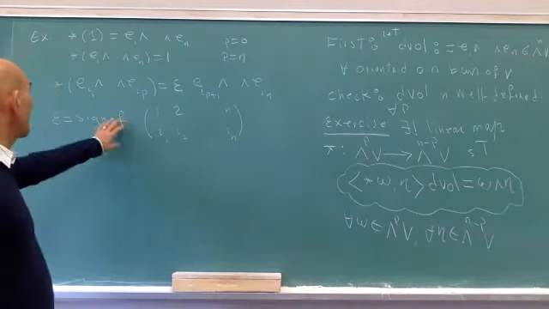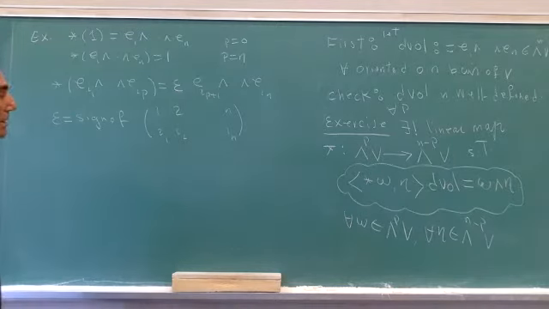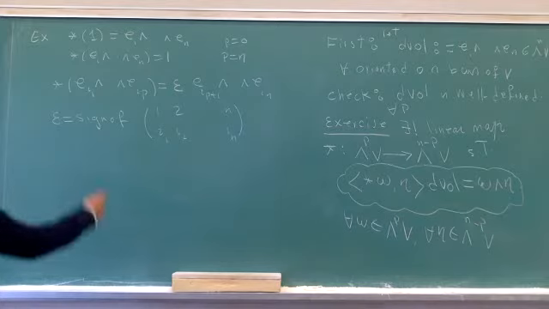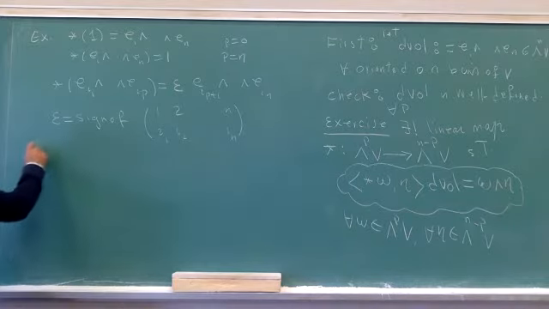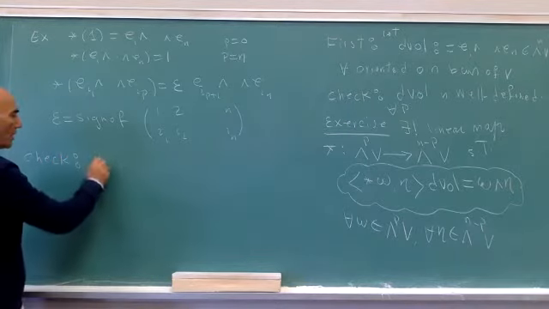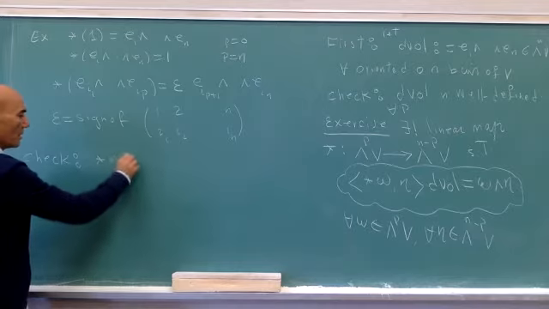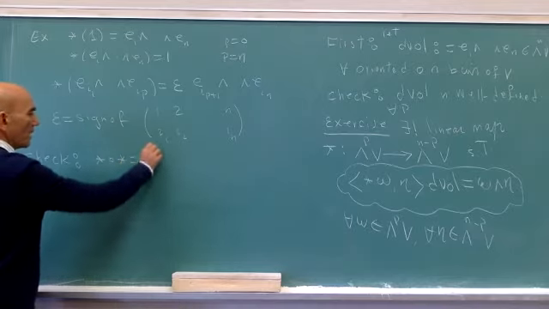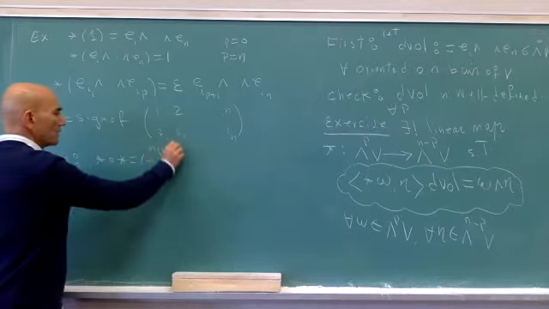This also you can check. I'm giving all these things, so this could be an exercise or example. It stands for both. You're helping yourself. Okay, so also check that, these are nice exercises, check that the star composed with the star is equal to (-1) to the power p times (n minus p).